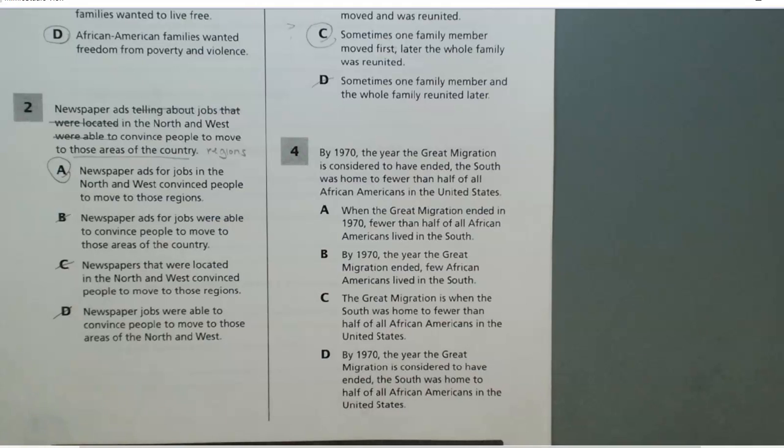A, when the Great Migration ended in 1970, fewer than half of all African Americans lived in the South. I think that's pretty good. Okay, well, maybe we should start by looking at our sentence. Is there repetition or words we don't need?